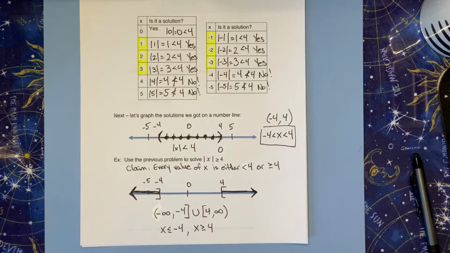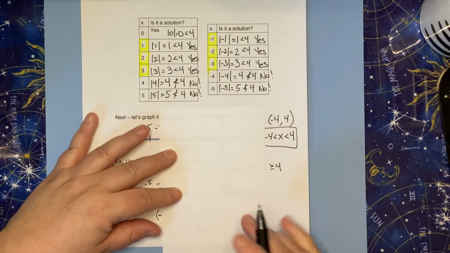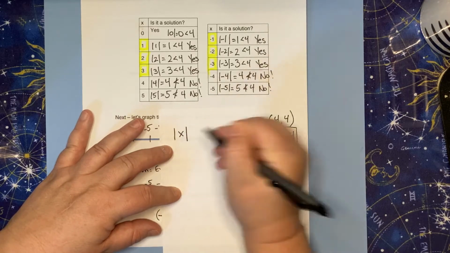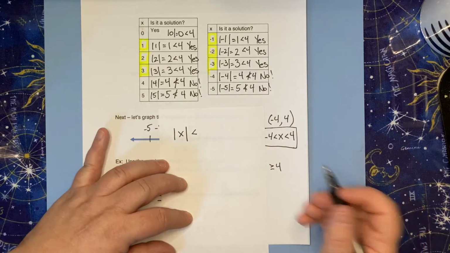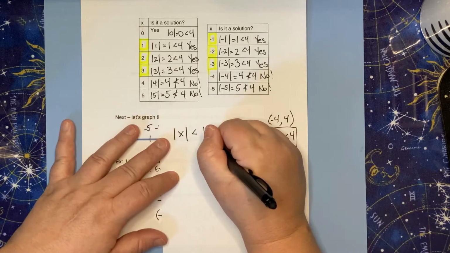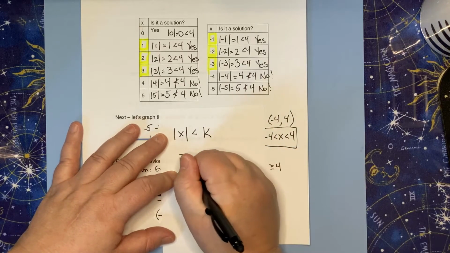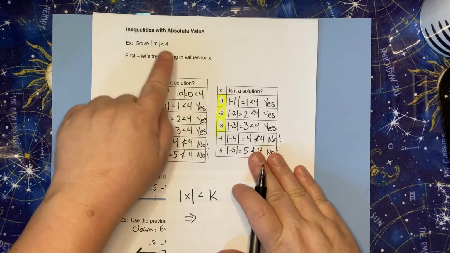So let us look at the rule. If you have the absolute value of x is less than or equal to a number, and we'll call it k, I don't know, for Catherine or something, then we've got the smaller than version.